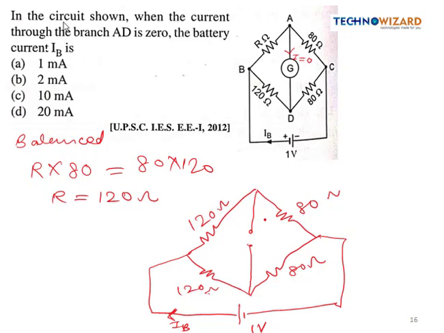Now these two will be in series, so 120 plus 80 will be 200, and this will also be 120 plus 80 is 200. It means 200 in parallel with 200, right? So now our circuit will be 200, because both resistances are in series, and similarly this is also 200 ohm.